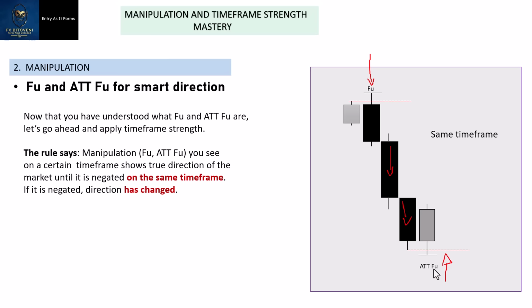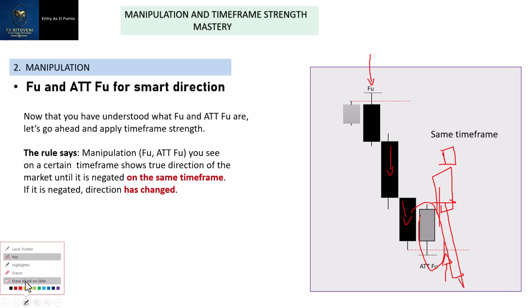In this case, you have an anti-FU. So once we see this, we know direction has changed, unless this also is negated and you continue to go down, right? Unless this one is negated again, but we keep believing that we are going higher. Do not forget that.